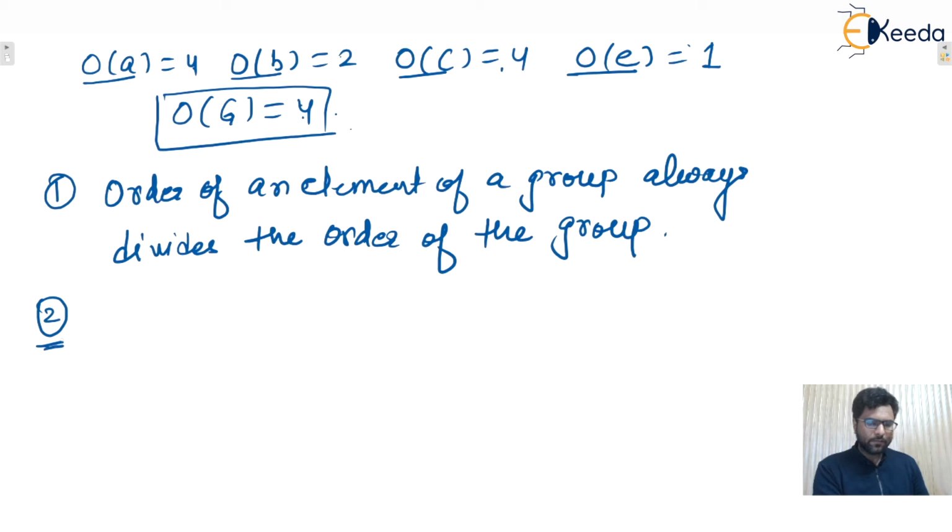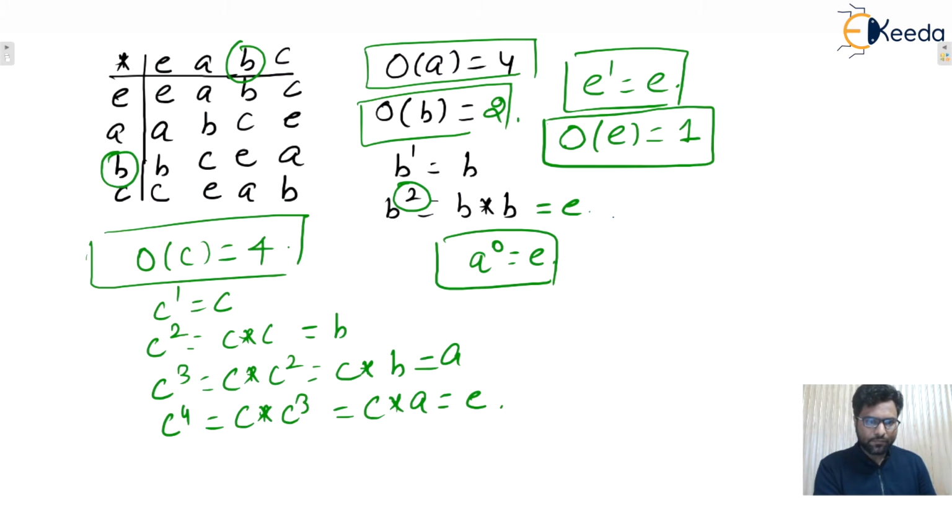Second, you tell me. Just have a look at the previous slide. Now in this example, what is the inverse of A? Inverse of A is C. Why? Because A star C is the identity element.